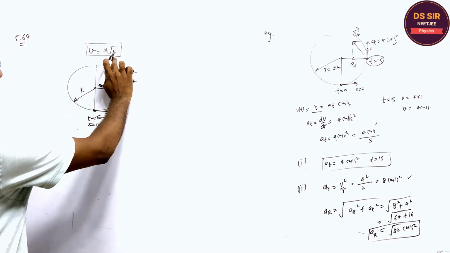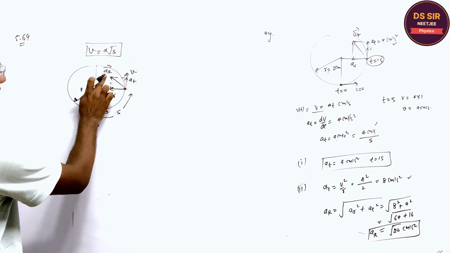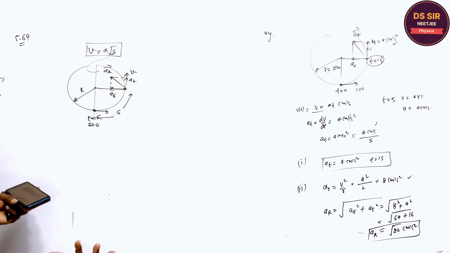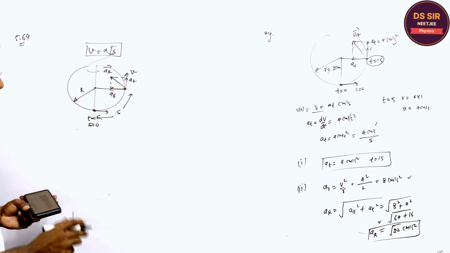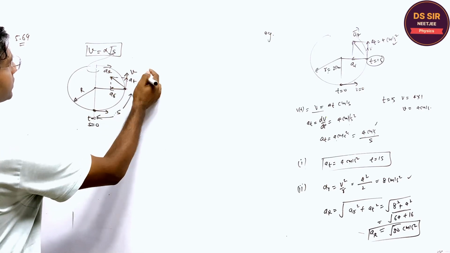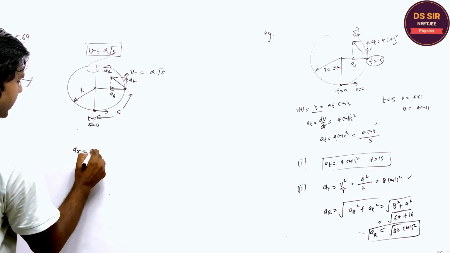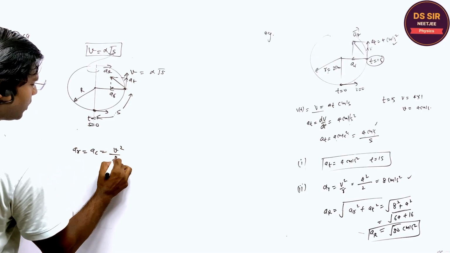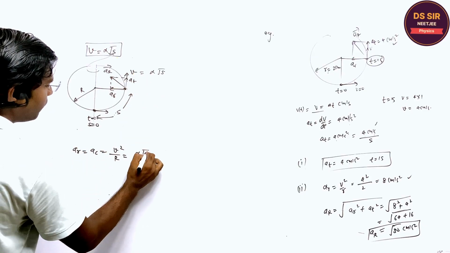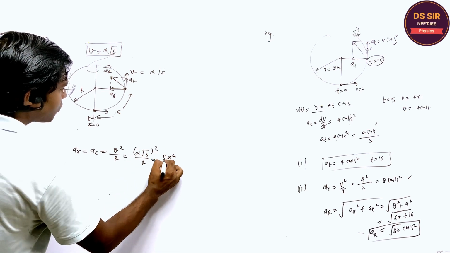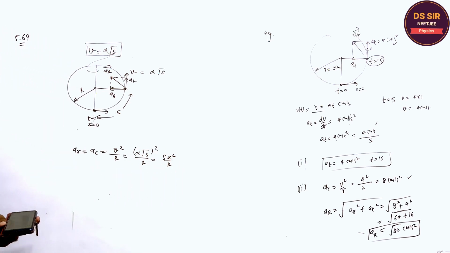The speed is given in terms of s in the question, right? So the radial acceleration or centripetal acceleration, v square upon r, you can write: alpha root s, whole square, upon r. So this is s alpha square upon r. This is the radial acceleration.